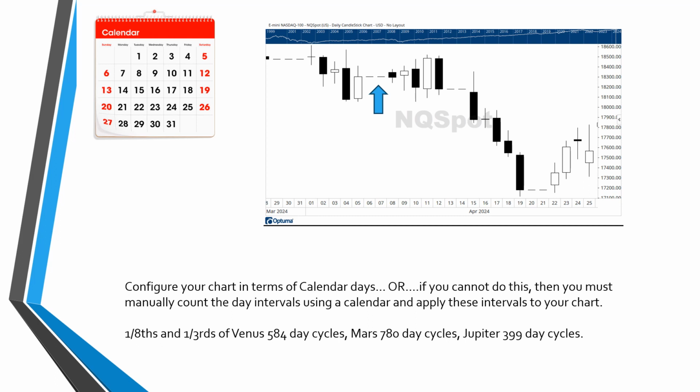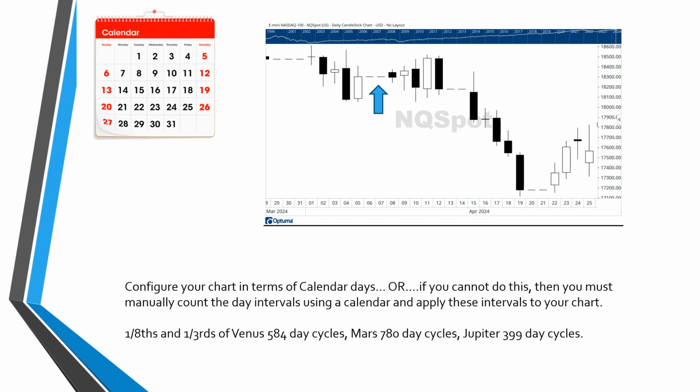And you're going to have to then find on your otherwise not adjusted price chart, when the particular calendar day aligns to a particular price bar. But hopefully, to make your life easy, you can reconfigure your chart to account for the weekend pauses and the gaps.